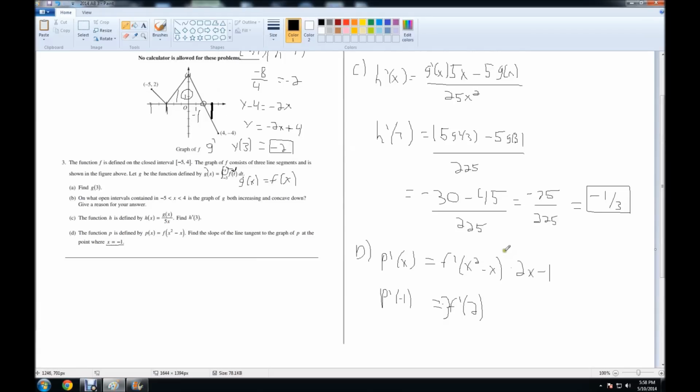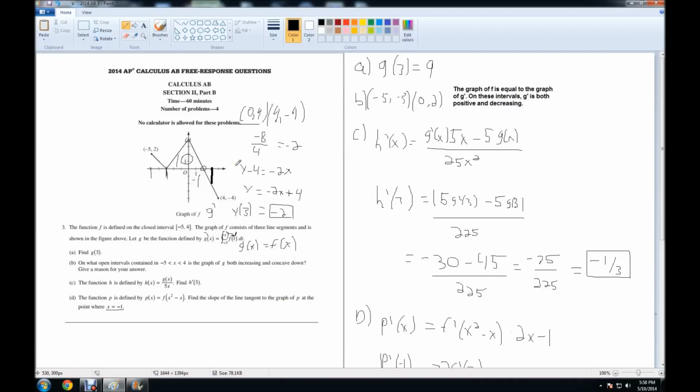Alright, so f prime of 2. Now we have the graph of f, so f prime would be the slope at the point x equals 2. So at x equals 2, we're in between the intervals 0 to 4 and 4 to negative 4, which is a line which has a constant slope. Now for part A, we already found the slope of this line to confirm the height of the second triangle.